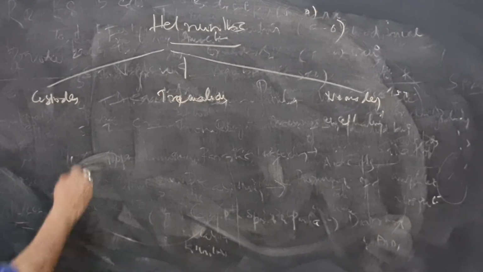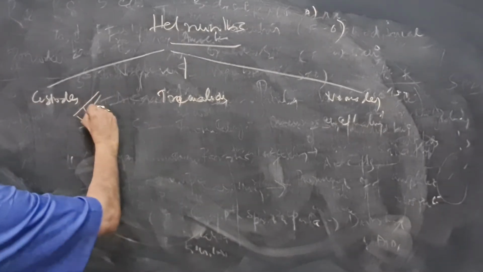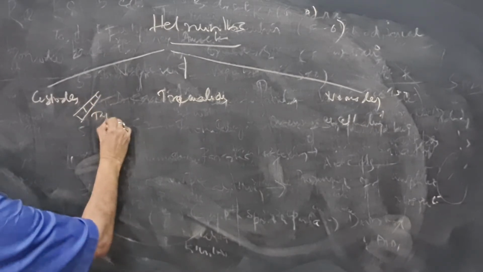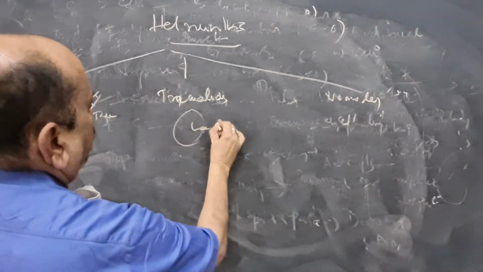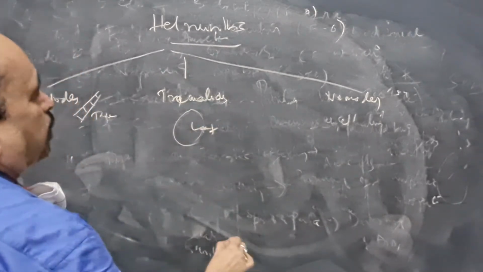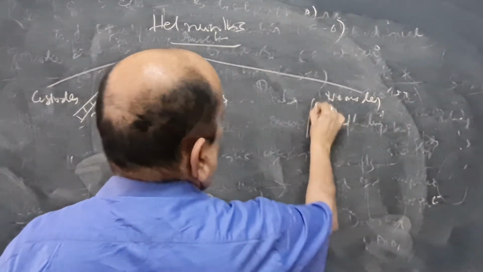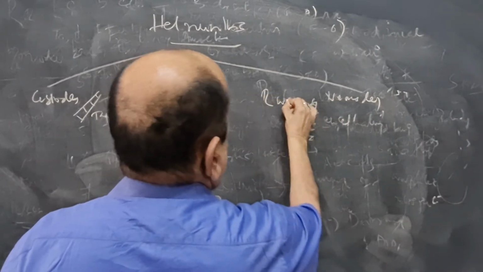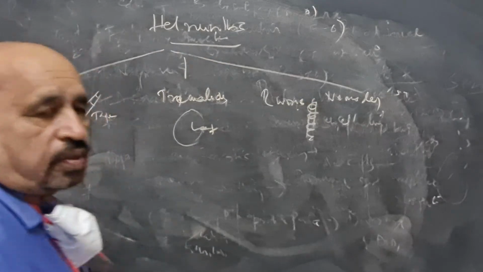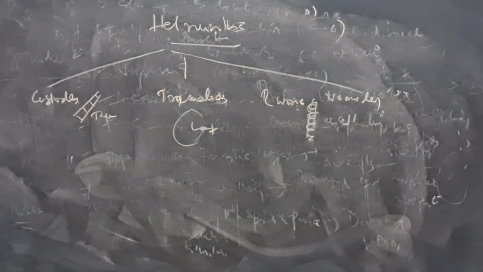Cestodes are tapeworms, trematodes are leaf-like flukes, and nematodes are roundworms.